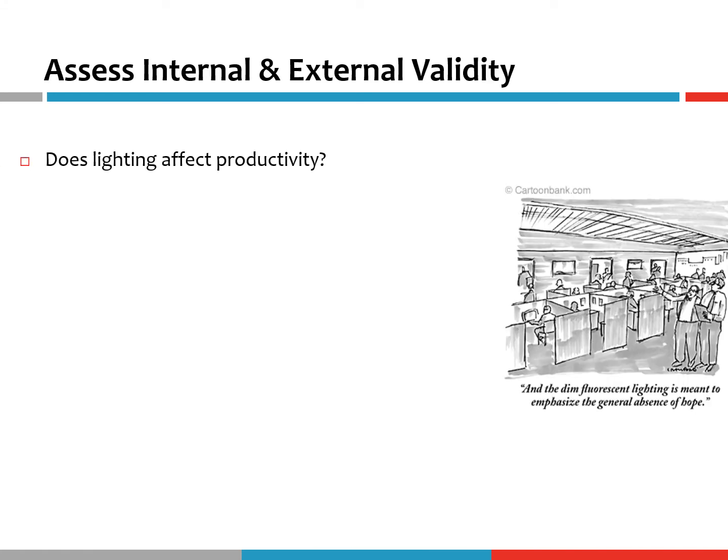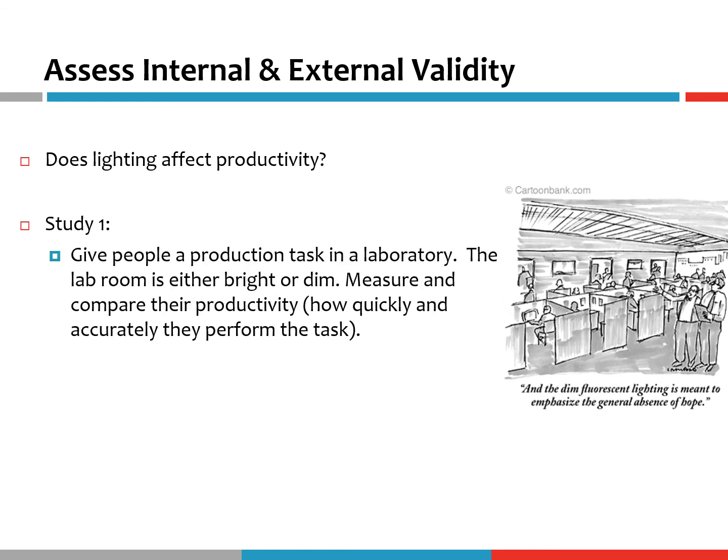So let's evaluate together two different experiments that attempt to address the research question, does lighting affect productivity? Our first experiment that we're evaluating, we give people a production task in the laboratory. It doesn't matter what type of production task we give them.